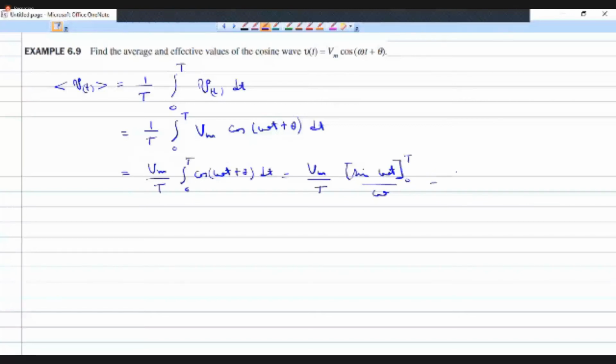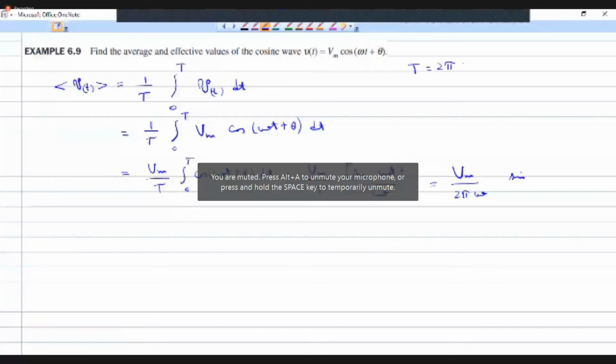What is the time period? Actually, T is equal to 2 pi, right? So we can write this equal to, I am replacing T with 2 pi. So 2 pi into omega. So sine, I left out the theta over here and apply the limit 0 to T. Okay.